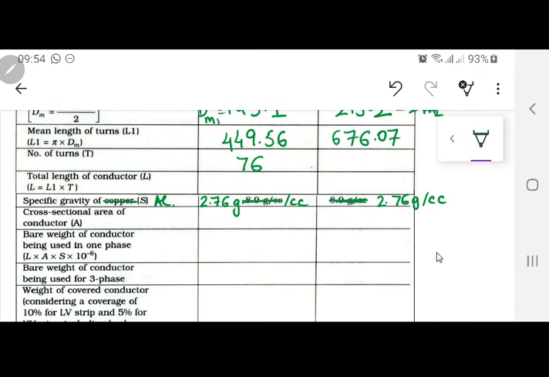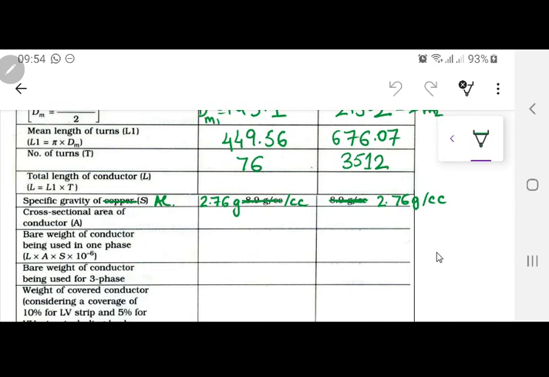G, number of turns on HT please. This is including the tap please. 3512. Okay. The total length of the conductor L, multiply this L1 whatever we have found over there in millimeters, 449.56 multiplied by 76.